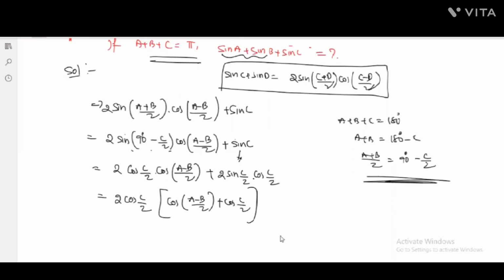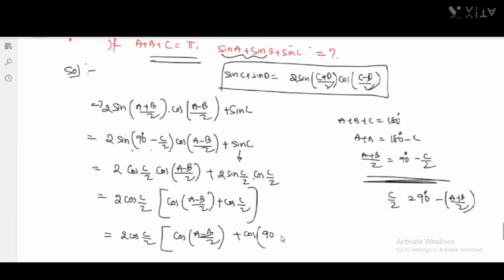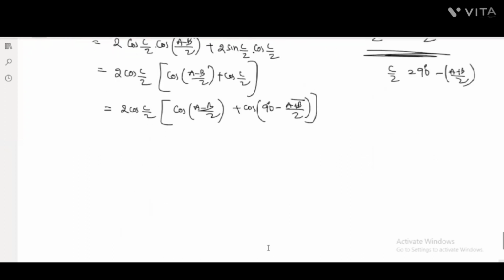From the same result, c by 2 is 90 minus (a plus b) by 2. If you substitute here, you will get 2 cos c by 2 into [cos of (a minus b) by 2 plus cos of (90 minus (a plus b) by 2)].